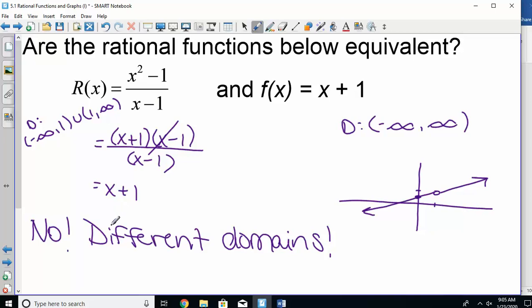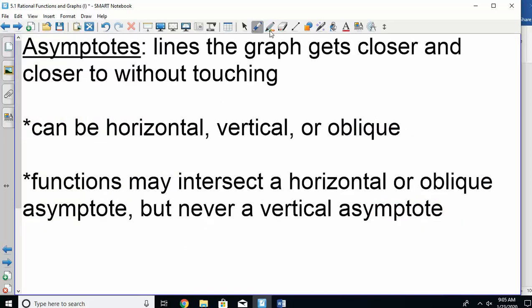Okay. In graphing rational functions, we are going to have asymptotes in our graphs. Asymptotes are lines that our graph is approaching without actually touching. There are three types, horizontal, vertical, and oblique, that we're going to look at.